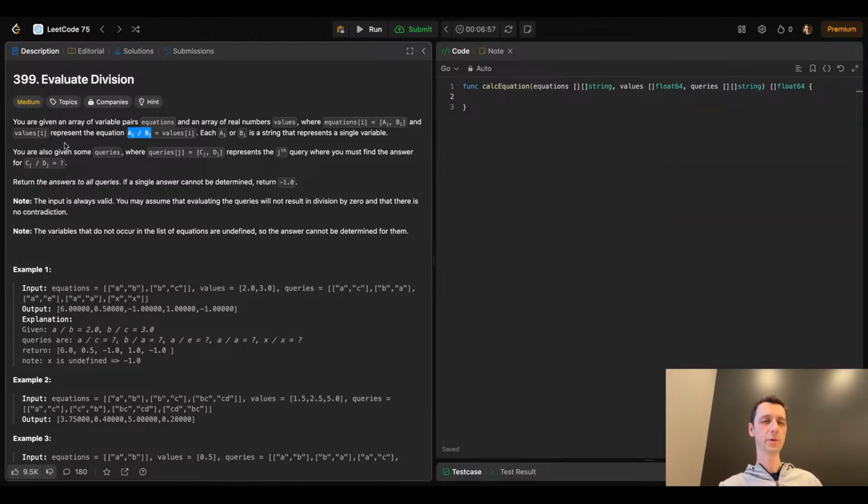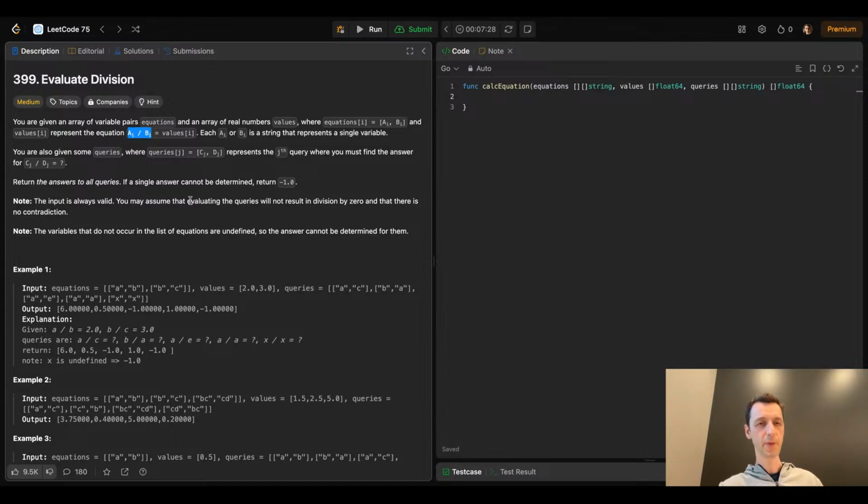Now you are also given some queries, where query j represents the jth query, where you must find the answer to also a division. Return the answers to all queries, and if a single answer cannot be determined, return -1. Note, the input is always valid.